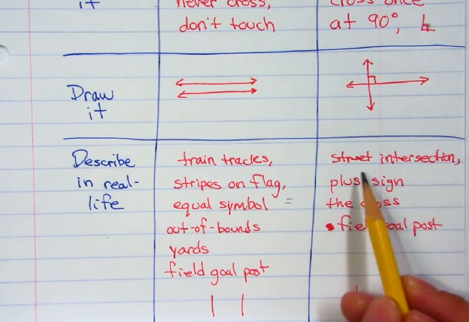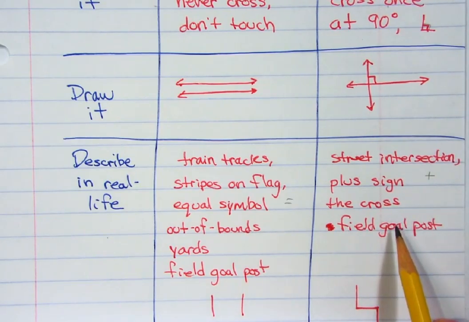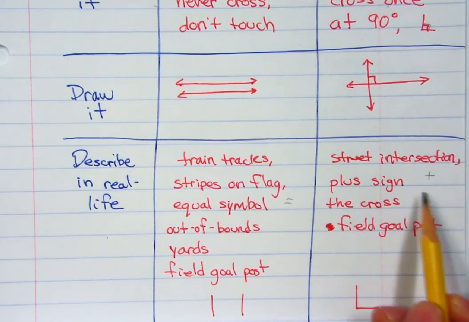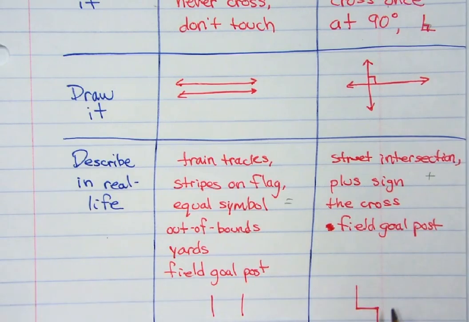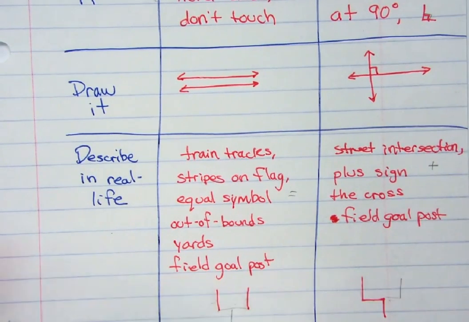Perpendicular lines might be a street intersection or a plus sign. Those are perpendicular. The cross, the field goal post: the same post, except now instead of talking about these two lines, we're talking about these parts of the post, or this part of the post. Those would all be considered perpendicular lines.